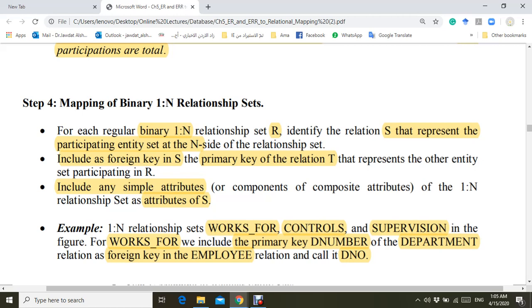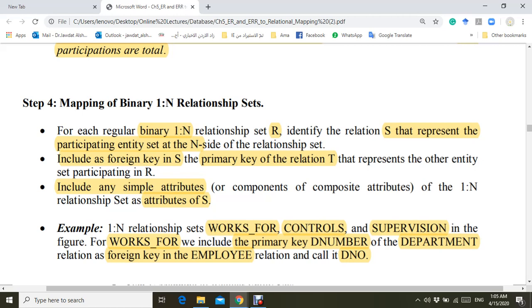And we took these examples, mapping the binary one-to-many relation sets. We do the same thing as one-to-one, but here we go to the many side of the relation, and we put the foreign key in the many side.